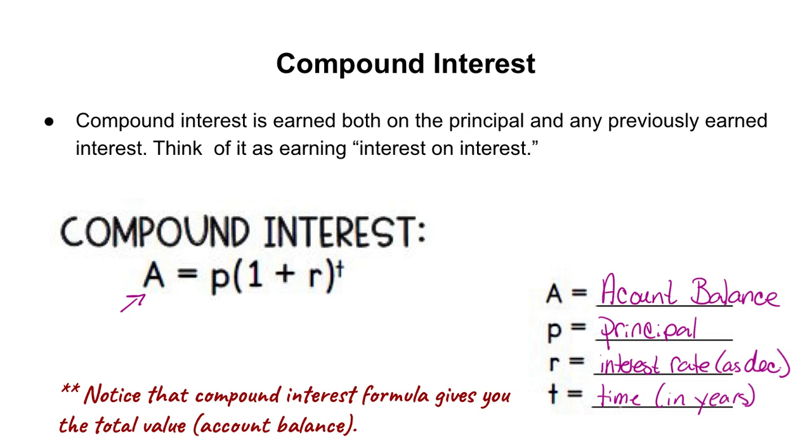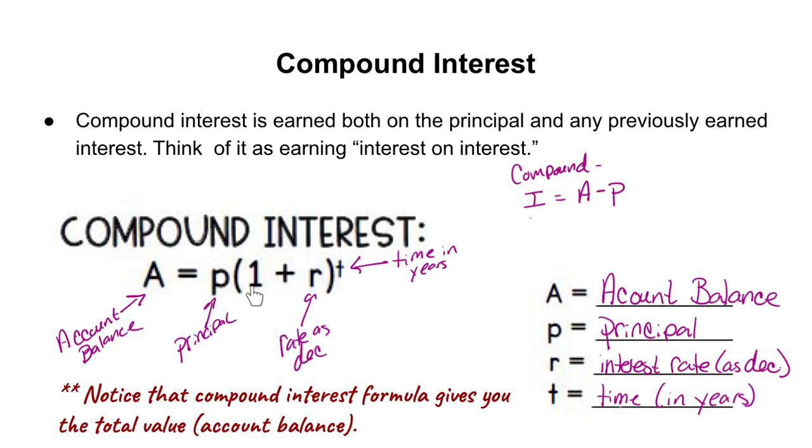When we need to figure out the interest on compound, the formula is interest equals account balance minus the principal, and that will give us what the interest is. So over here is account balance.